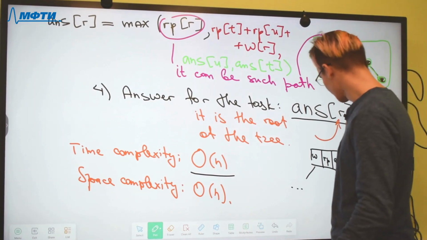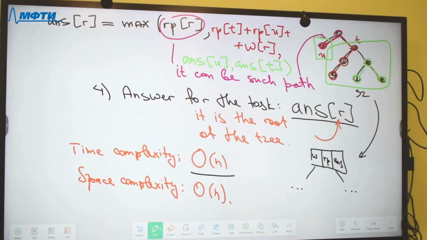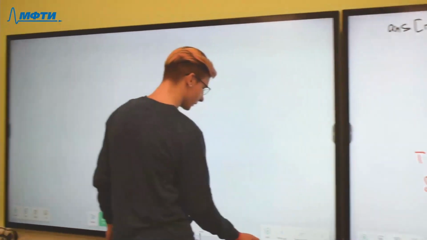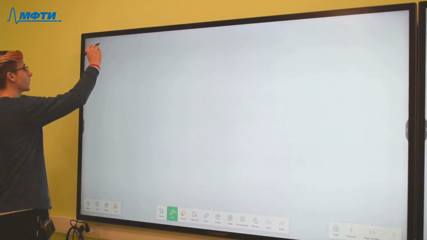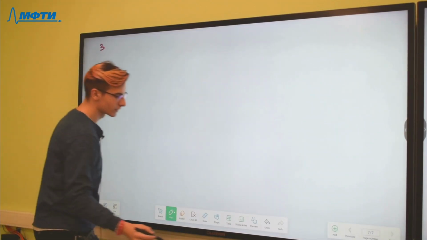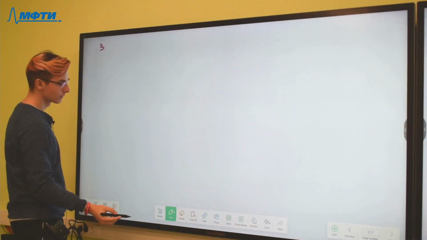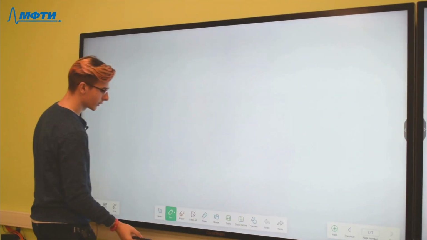Okay. So next, let's talk about the second task connected with dynamic programming and trees.